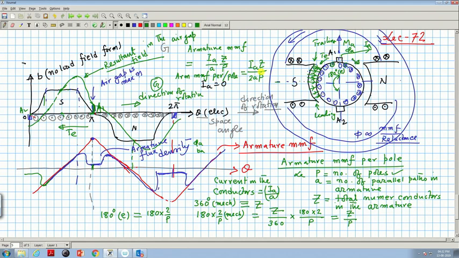This calculation is okay, Z by P. Therefore, I A Z by 2 A P armature MMF per pole, ampere turns. Okay. We will continue with this in the next class.